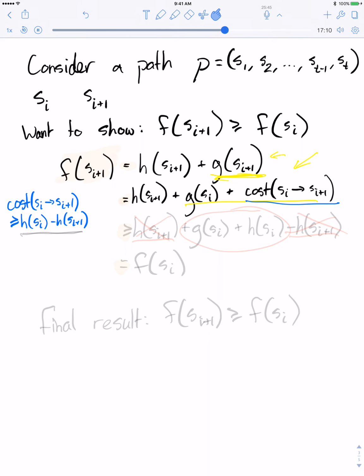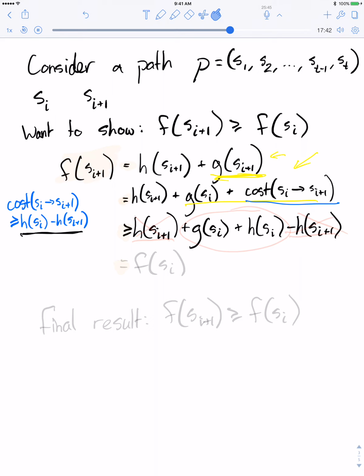So what can we do? Well, if cost is greater than or equal to this difference right here, then H of Si plus 1 plus G of Si plus that cost is greater than or equal to those same first two terms plus this difference, H of Si minus H of Si plus 1.